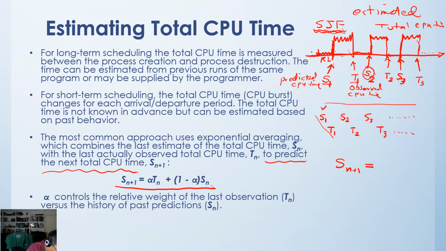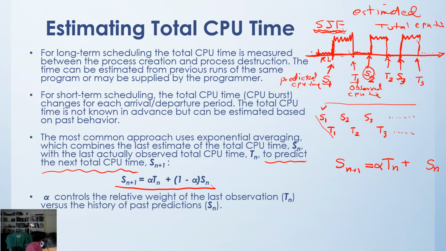Suppose the process has arrived n times and departed n times, so executed n times, and this is the n+1 time. Then it will use the previous observed CPU time Tn plus the previous predicted time, and then we use a weight.